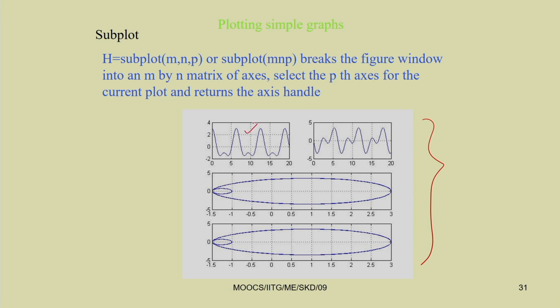For example, for this first one, here you just see you have divided this into 3 rows, so you must write subplot 3 and 2 columns, and you are putting it in the first position.